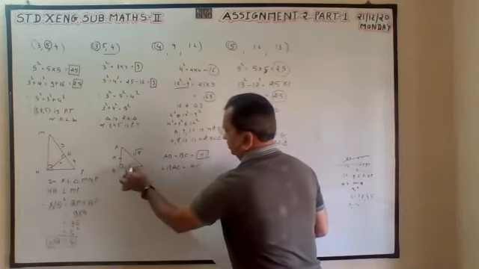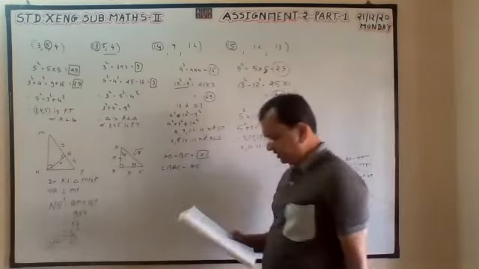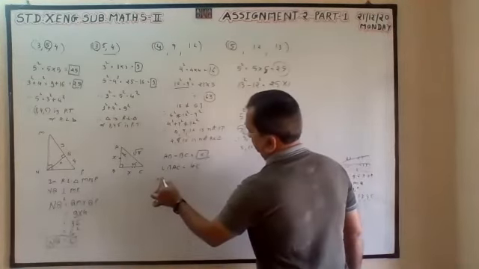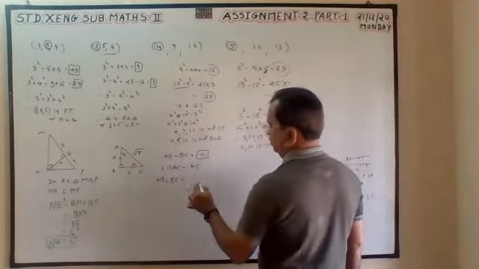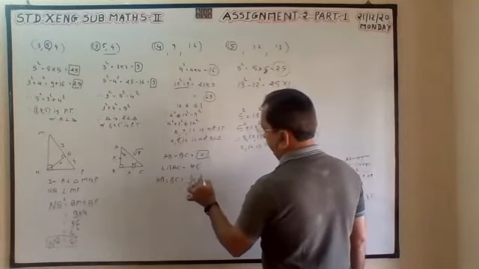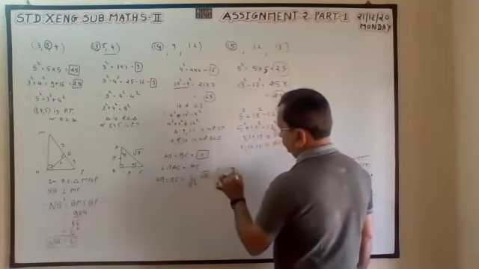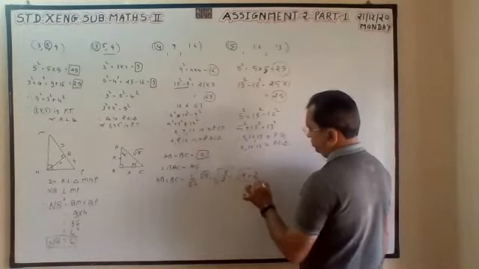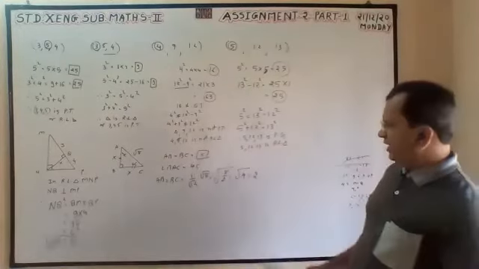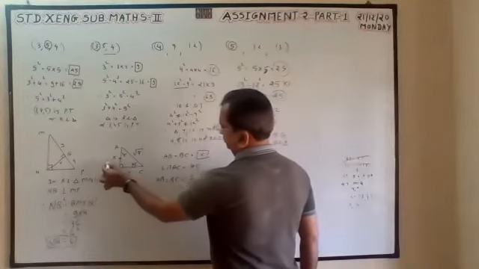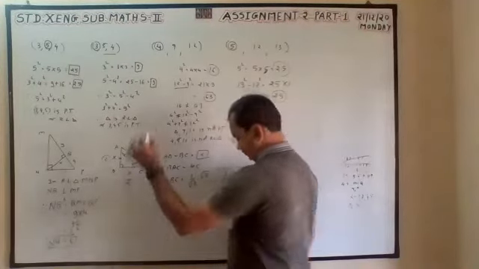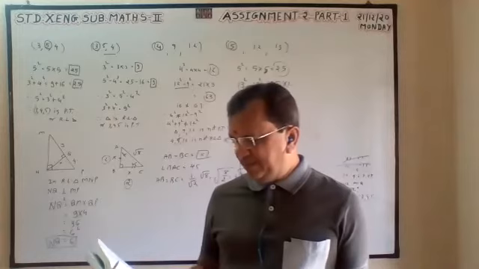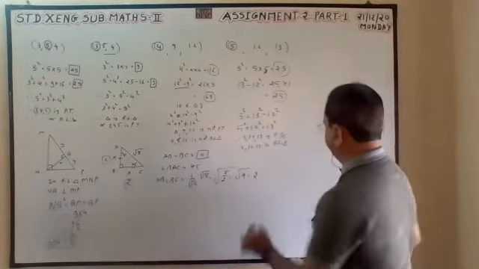If it is 90, then this must be 45 because it is isosceles. Therefore, AB is equal to BC is equal to 1 by root 2 times root 8, is equal to root 8 by 2, is equal to root 4, is equal to 2. So the final answer is 2. Find the side and the perimeter when the diagonal is 10.